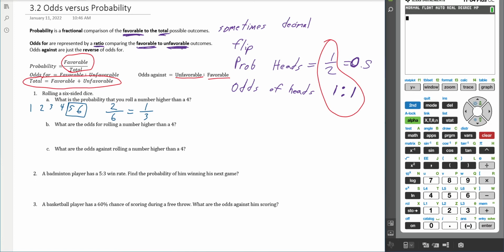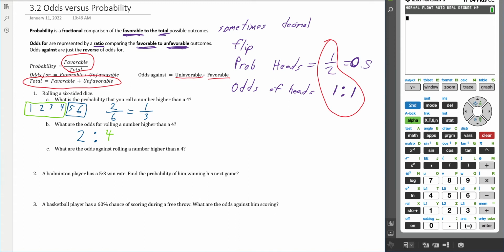What are the odds for rolling a number higher than 4? Well, with odds we have to talk about favorable versus unfavorable. There are 2 favorable outcomes, and there are 4 unfavorable outcomes.